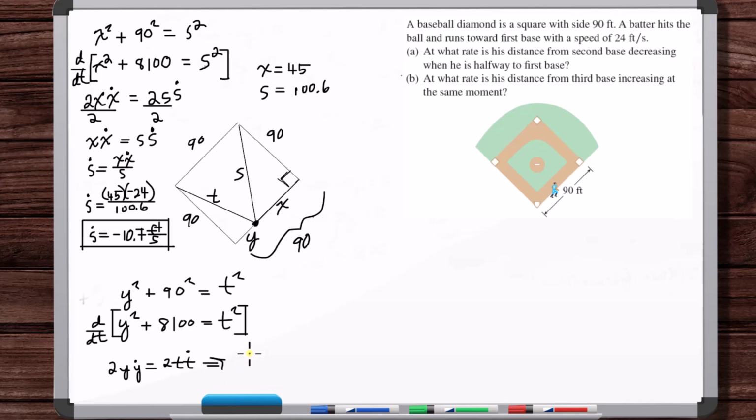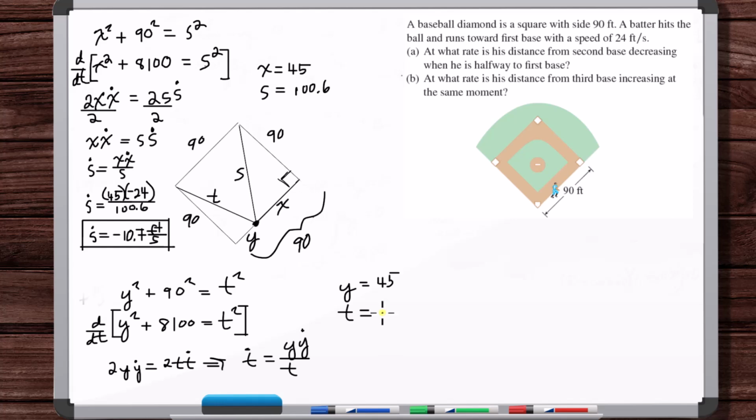So t dot is equal to... okay, y is going to be 45, and t is going to be 100.6.